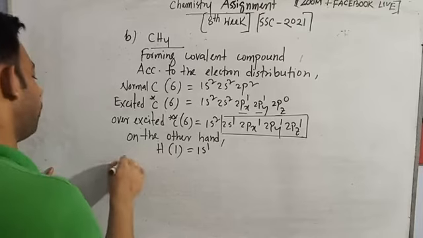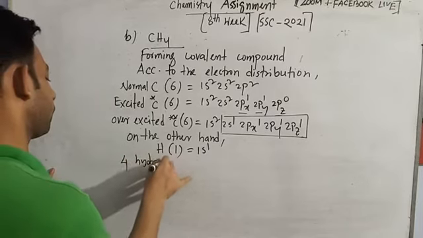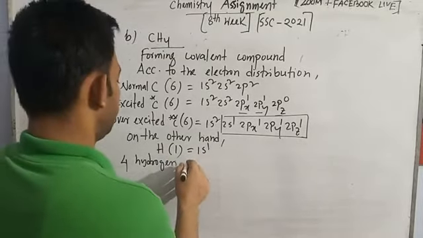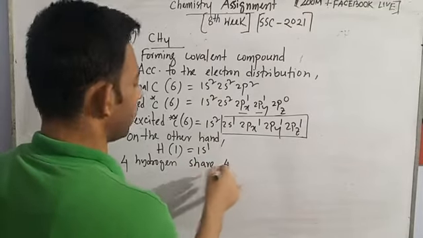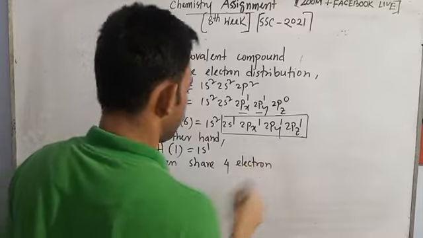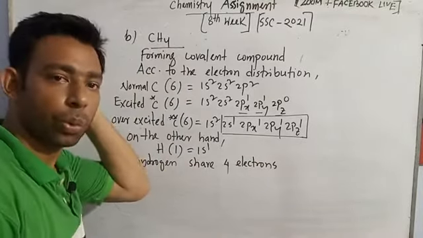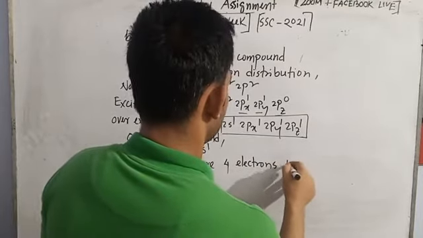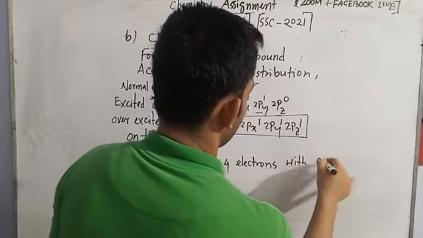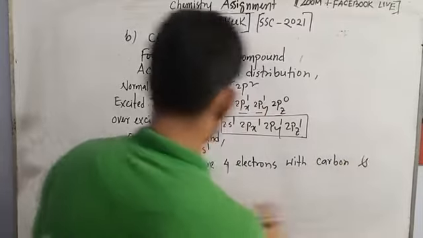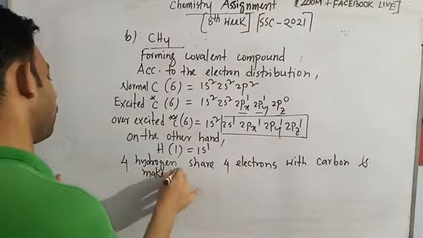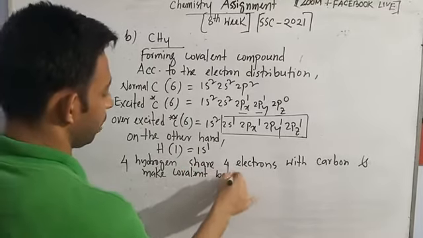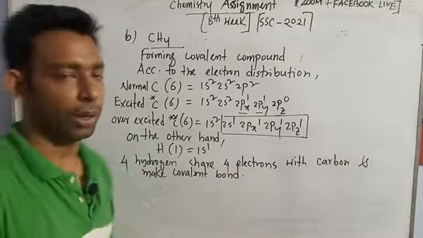That means 4 hydrogens share 4 electrons with carbon and make covalent bonds. Simple.